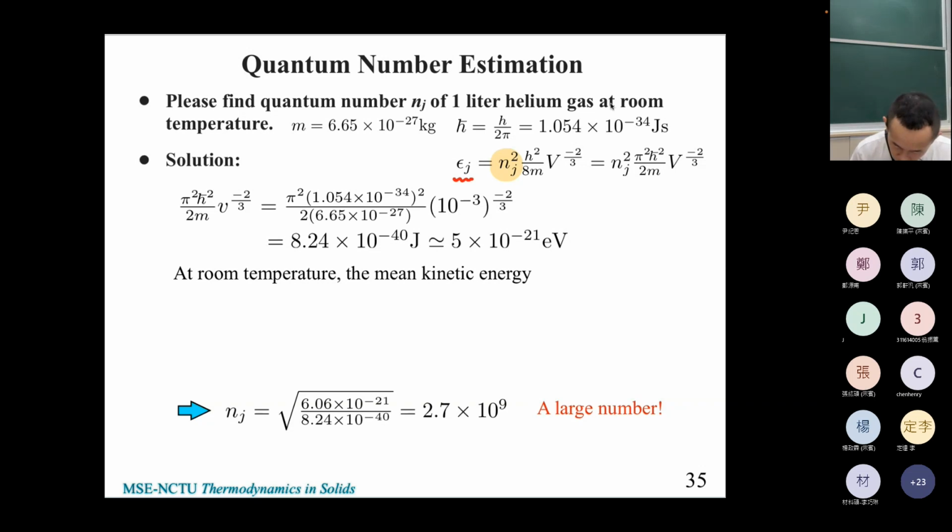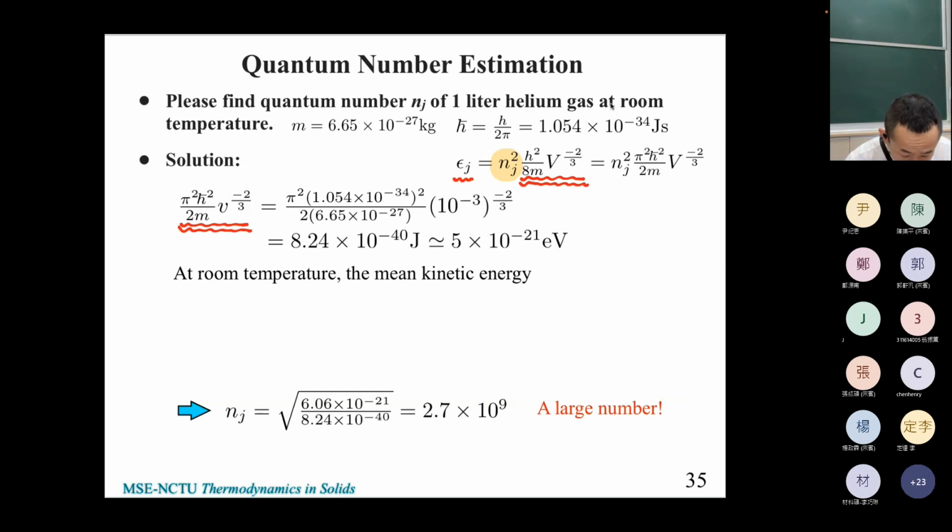So you need to calculate using this equation. If you move the right-hand side to the left, then you can get nj squared, right? So now here, this one is the double wavy symbol.